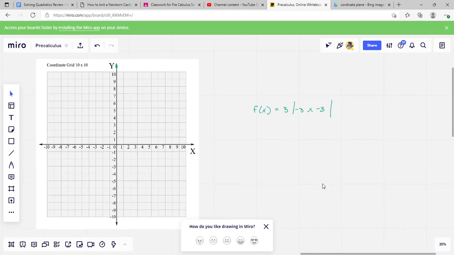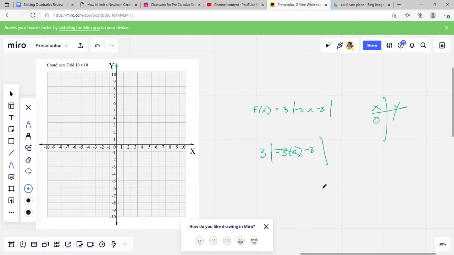So if we've got our x and y chart here, and we said x was 0, we would have negative 3 times 0 minus 3. Well, that would just be negative 3, the absolute value of negative 3 is 3. 3 times 3 is 9.